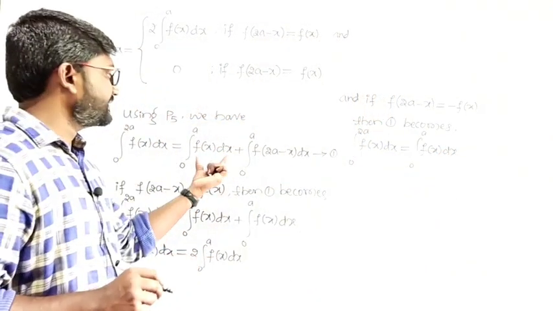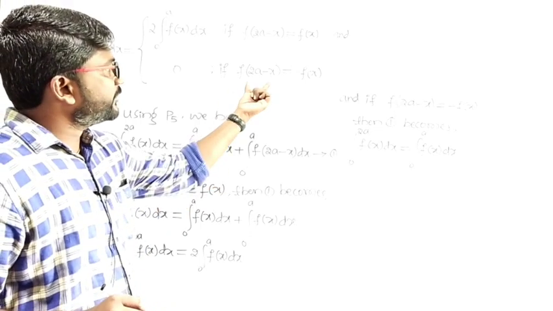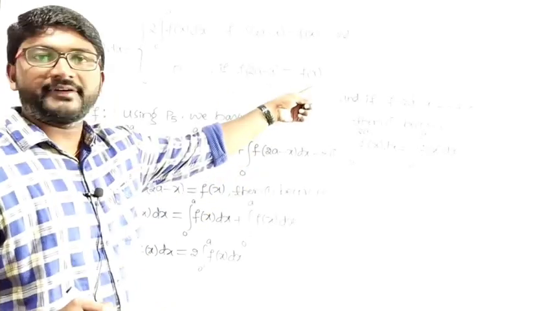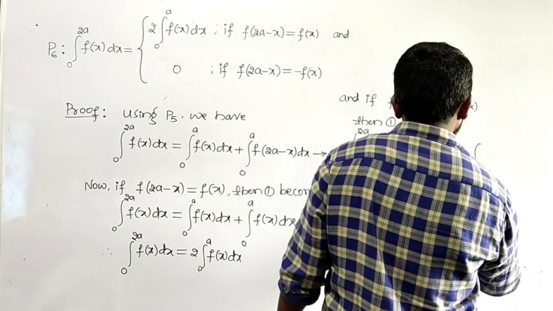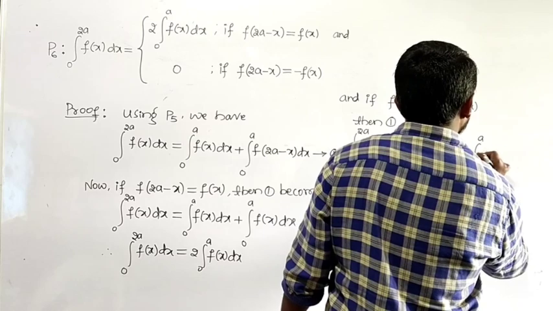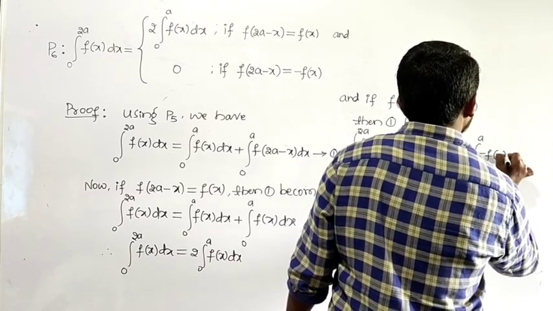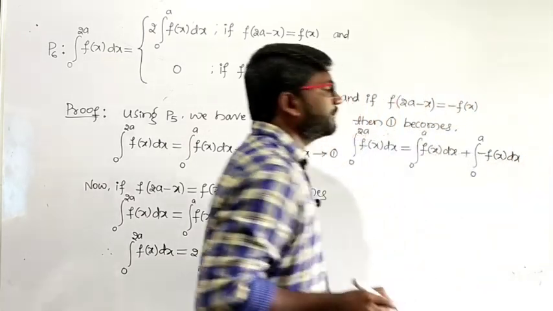I have written this as it is. Then in place of f of 2a minus x, I can write minus f of x now. So it is plus the integral from 0 to a of minus f of x dx.